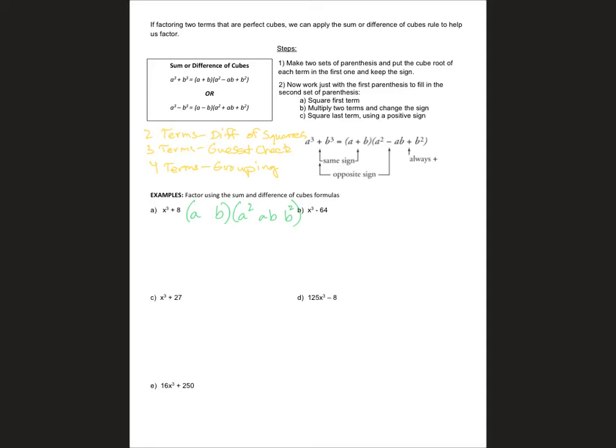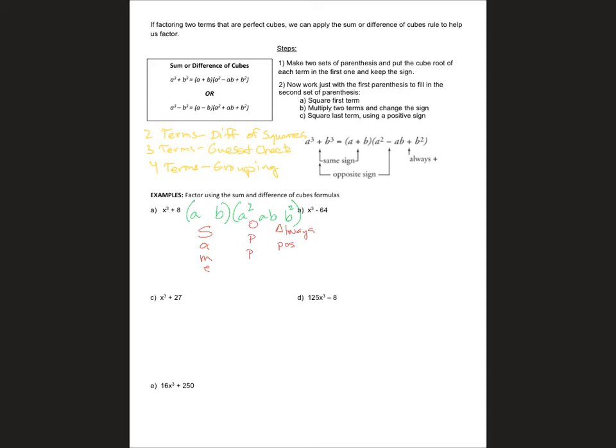So the S in SOAP stands for same. The O in SOAP stands for opposite. And then the AP in SOAP stands for always positive, okay? And the signs are predicated on what you start with. Okay, so before we dive into an example, I just want to kind of explain it, okay?